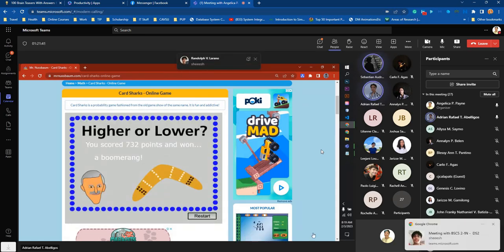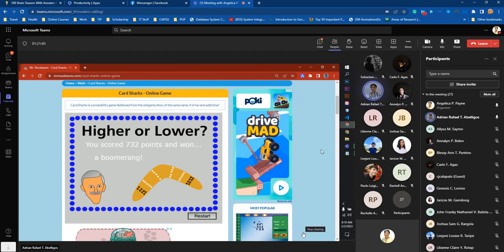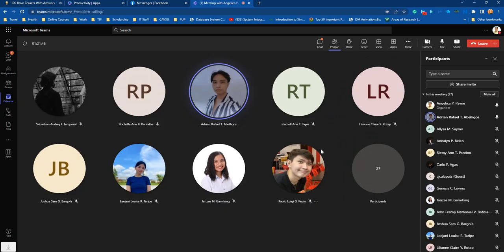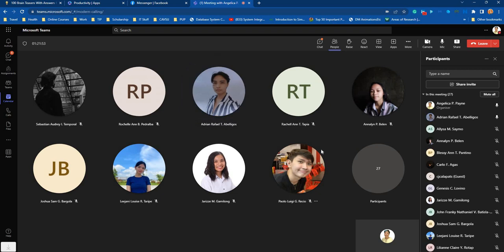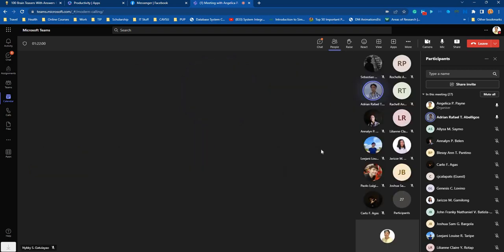Goods. Boomerang. And then, let's proceed na sa presentation. Umaga nagsugal ba tayo? Oo nga naman. Well, it presents the concept of probability.